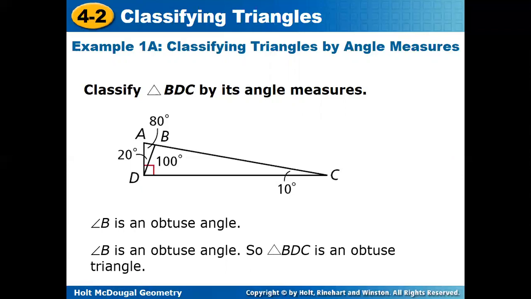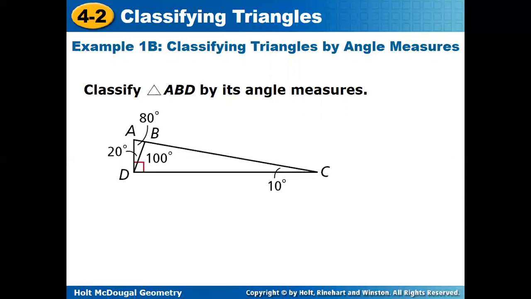Let's see another one. What about triangle ABD, the small triangle? We know the first angle, which is ADB, or you can say angle D, because we talk about the small triangle. Its measure is 20 degrees. And angle A, which is 80 degrees.